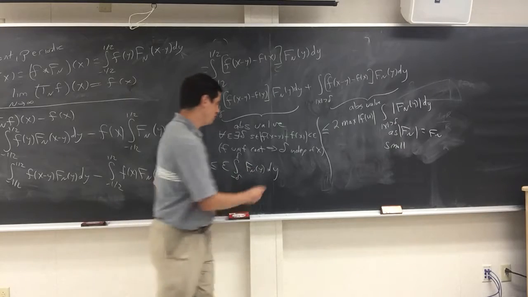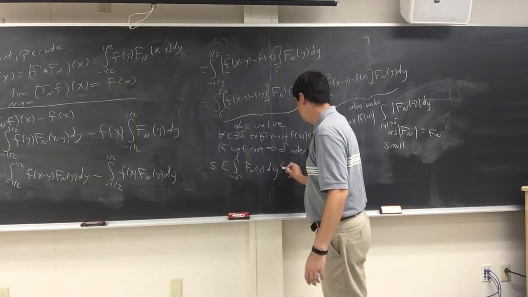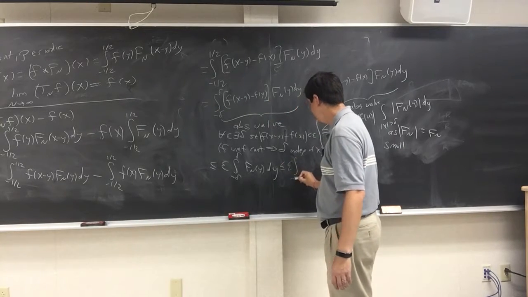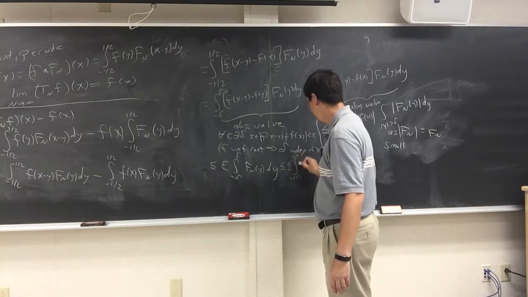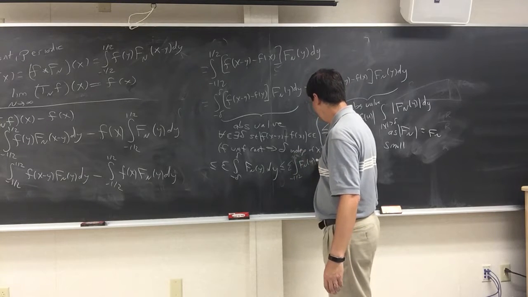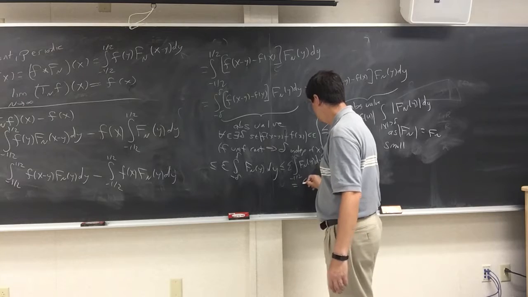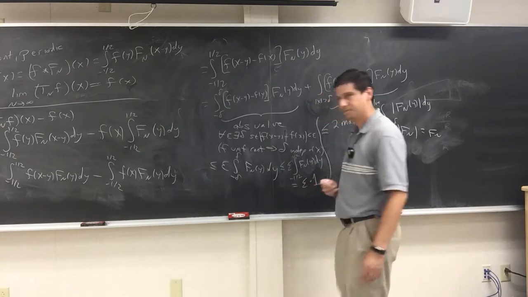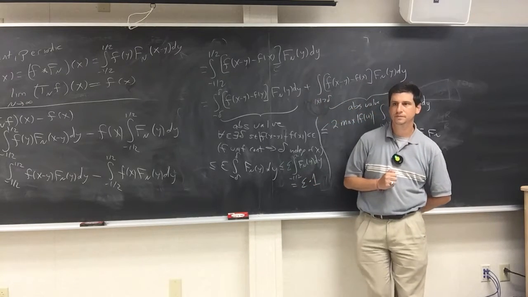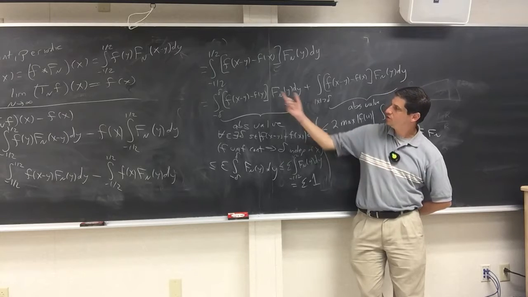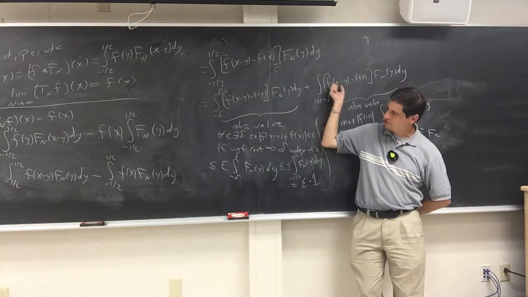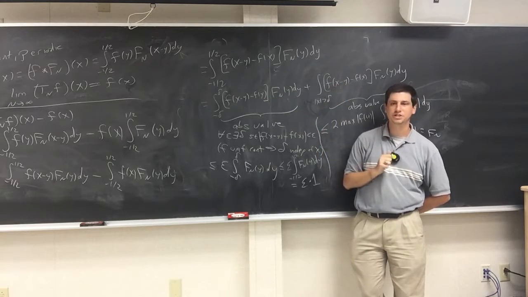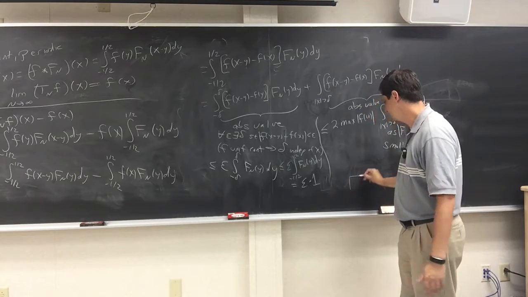So because the function is non-negative, this is less than or equal to epsilon times the integral from minus a half to a half of fn of y dy, which is just equal to epsilon times 1. And so that shows that this term goes to 0, this term goes to 0, the difference goes to 0. This finishes the proof.